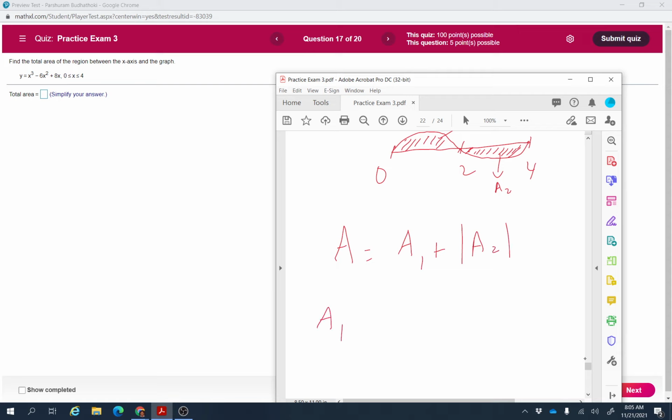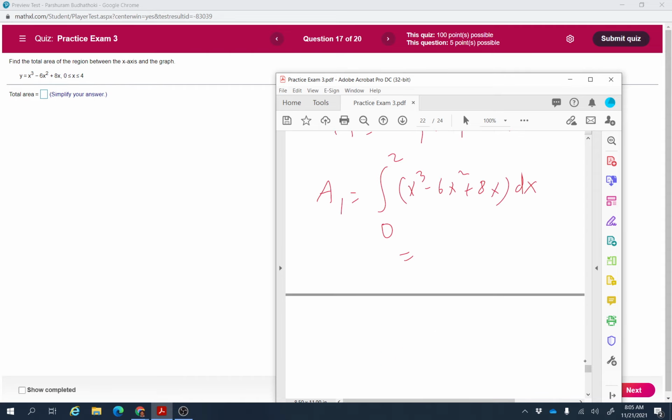a1 means the integration of the function from 0 to 2, which is x cubed minus 6x squared plus 8x. I'm going to skip the general power rule and definite integral technique which we have done so many times. Just find the integration, use the general power rule, and then plug in x equal to 2 minus x equal to 0. That will be 4.